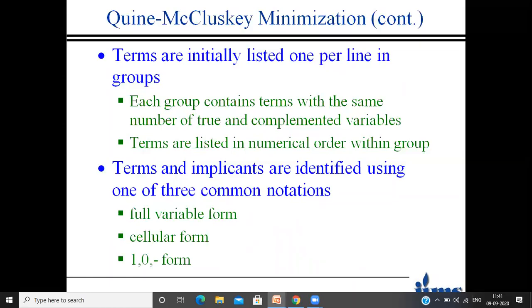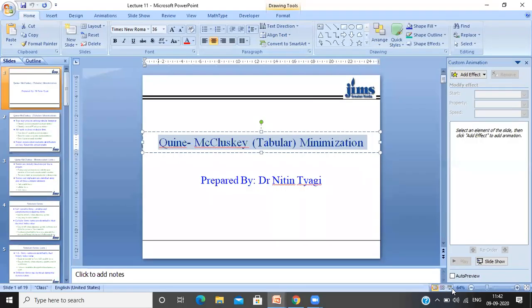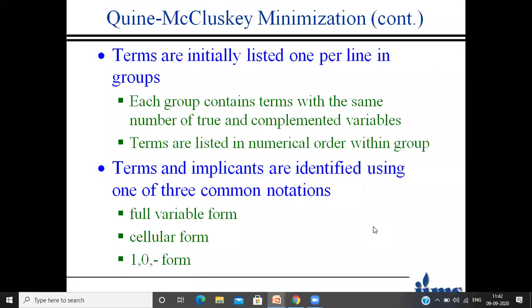Now the process: the terms are initially listed one per line in groups. Each group contains terms with the same number of true and complemented variables. Terms are listed in numerical order within the group. When we solve it with the help of an example, it will be much easier.